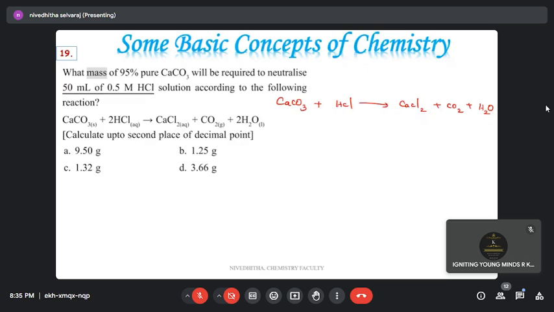CaCO3 plus 2 HCl gives CaCl2 plus CO2 plus H2O. But that doesn't seem to be balanced, Poondamararasi, because on the right side I have 4 moles of hydrogen, but on the left side I have only 2 moles of hydrogen. So that has to be balanced, right? Okay, we'll see.